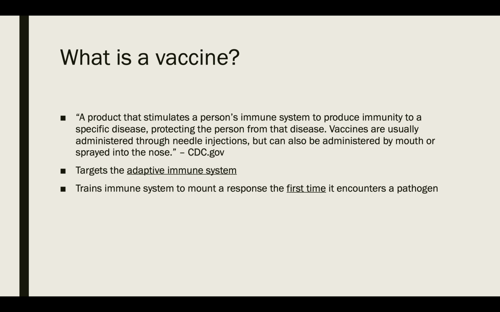So if you get the flu shot and then you're exposed to the influenza virus, your immune system will be able to make an immune response right away. It doesn't need to be infected by the virus to learn. So it mimics that same thing as getting the virus. I'm sure everybody knows this. I just wanted to mention it.